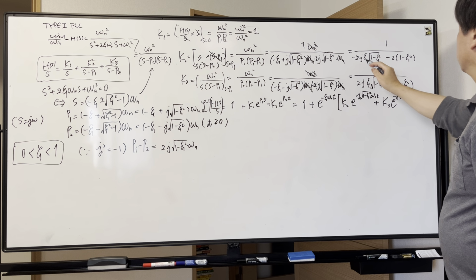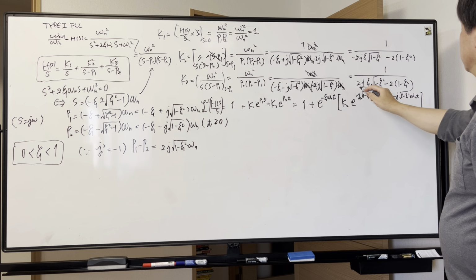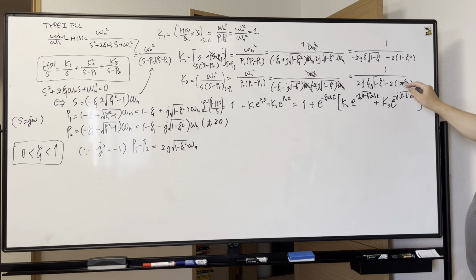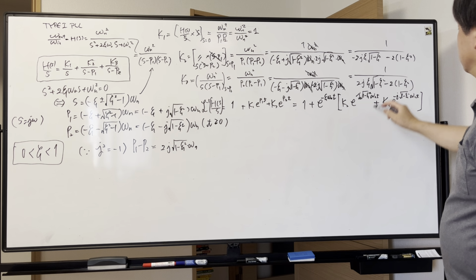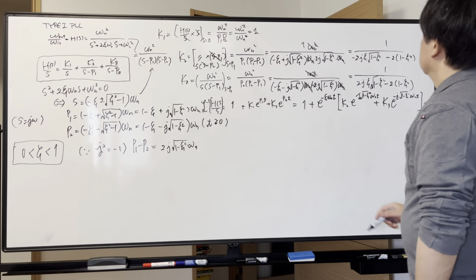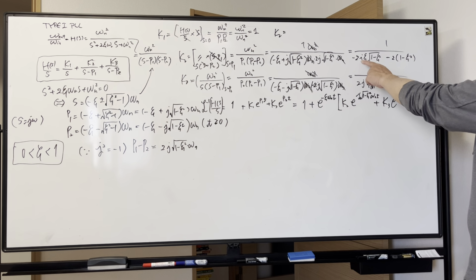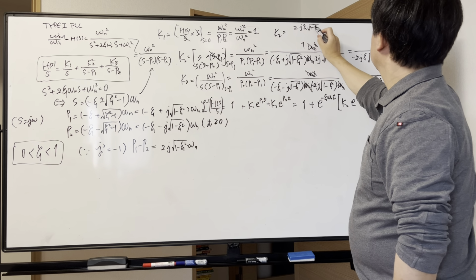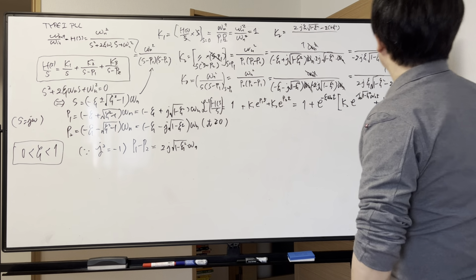In this case, 2j zeta square root of 1 minus zeta square minus 2 times 1 minus zeta square. And here, minus 2j zeta square root of 1 minus zeta square minus 2 times 1 minus zeta squared. Then the case of k2 equals 1 and 2j zeta square root of 1 minus zeta square minus 2 times 1 minus zeta square, divided by this.